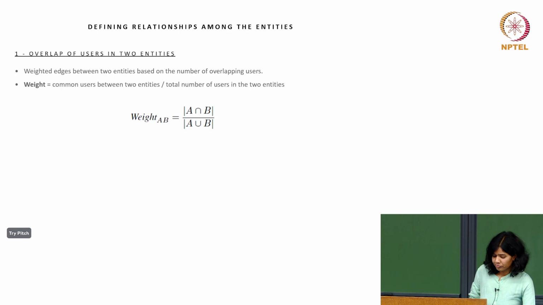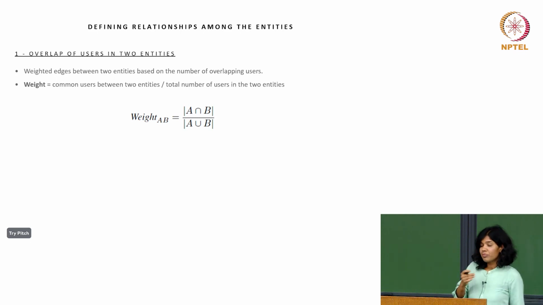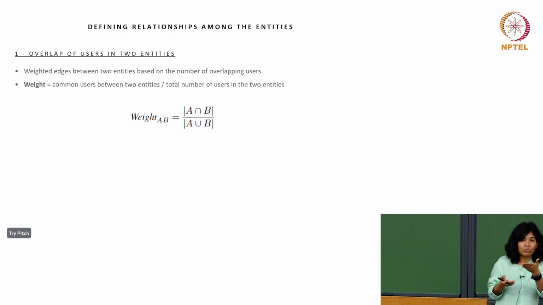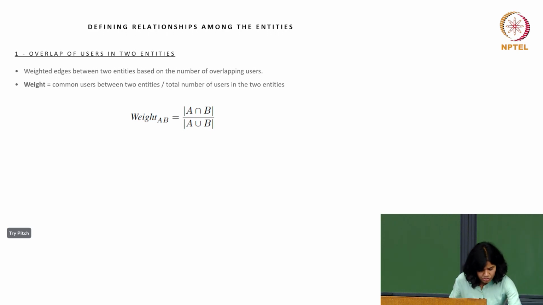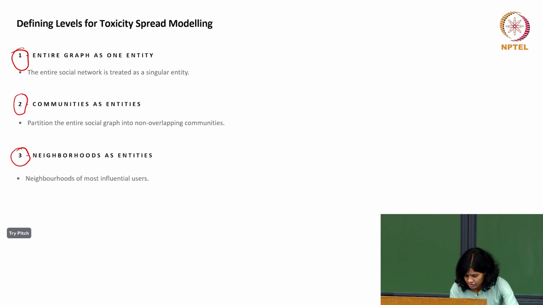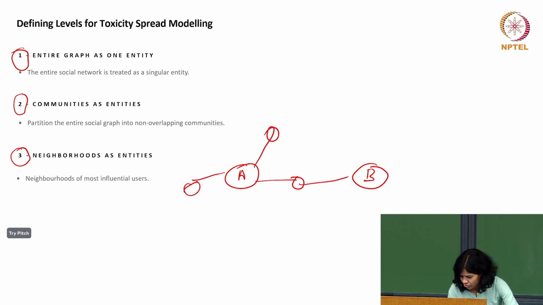Okay. Now, remember we said that we also want to look at the underlying graph while forecasting, right? So we define a graph between these entities. Let's say this is one user A, this is another user B. I have certain friends, and this friend is also connected to this friend.